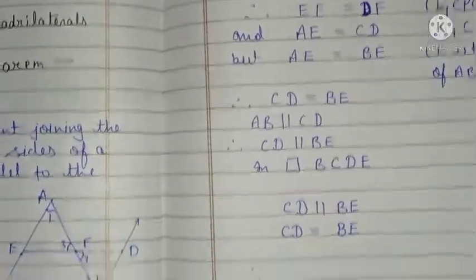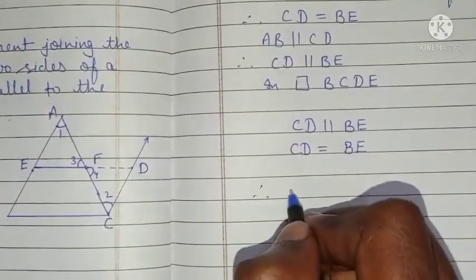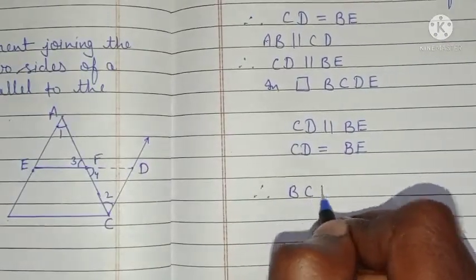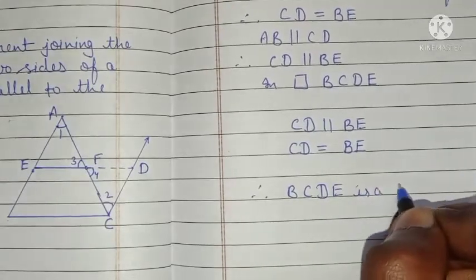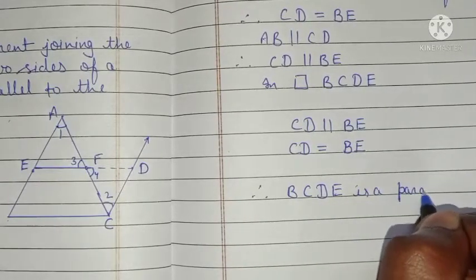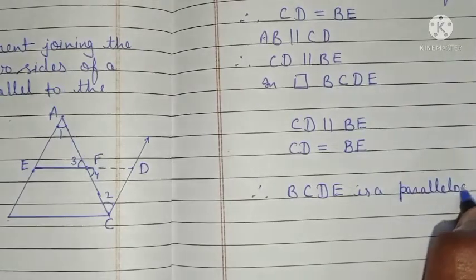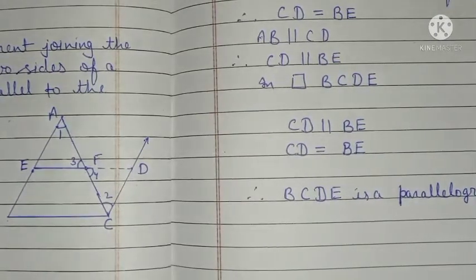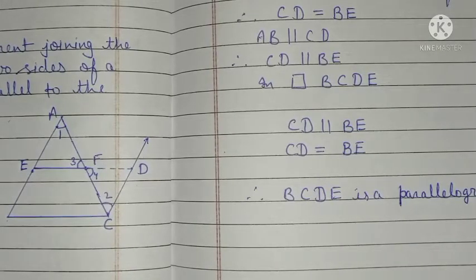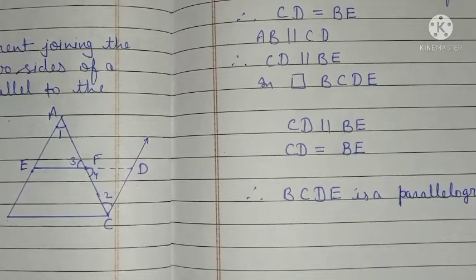Hence BCDE is a parallelogram. Why? Because if in a quadrilateral any pair of opposite sides are equal and parallel, then that quadrilateral is a parallelogram.